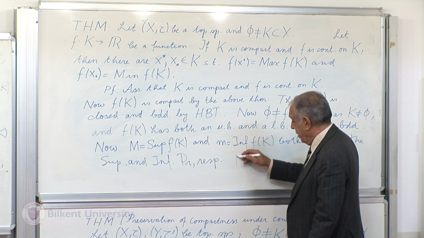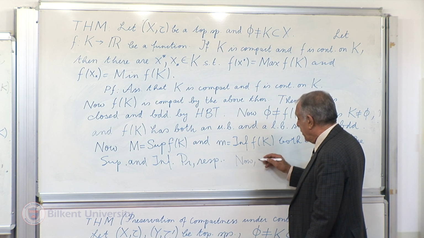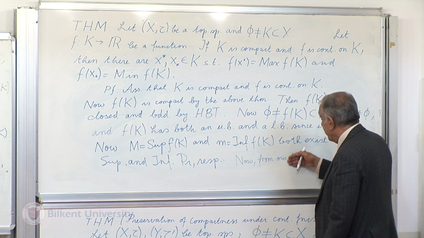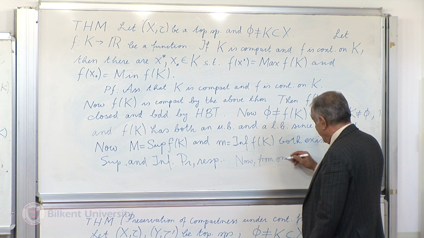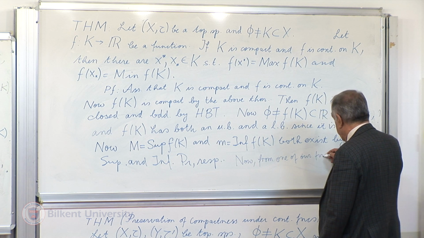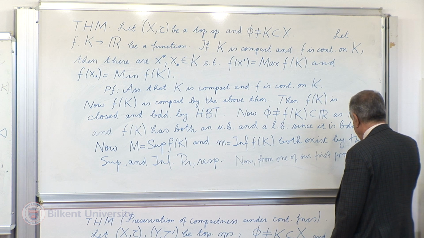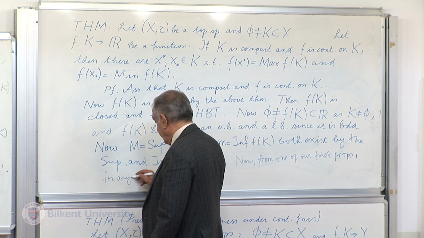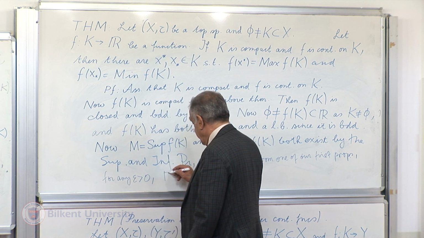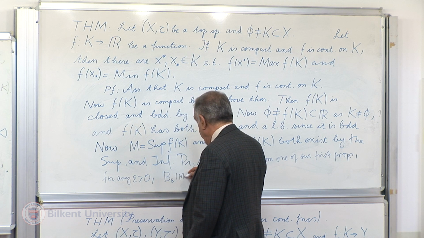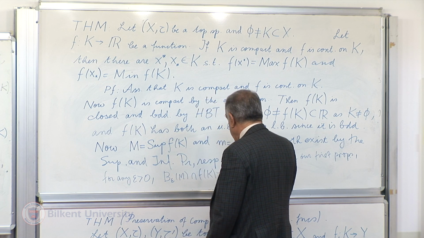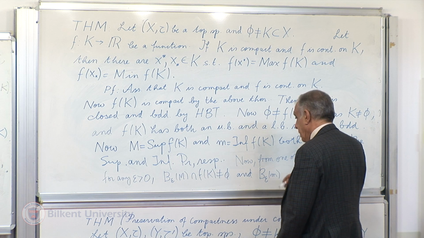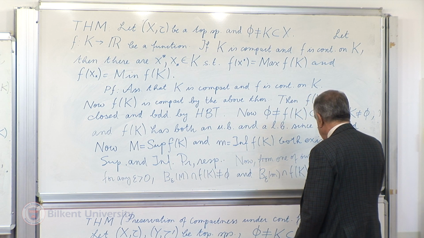From one of our first propositions, for any epsilon positive, the epsilon ball about M intersection F of K is non-empty, and the epsilon ball about lowercase m intersection F of K is non-empty.